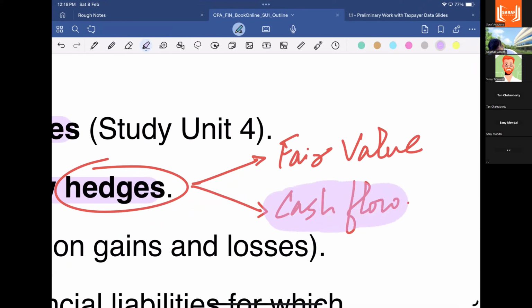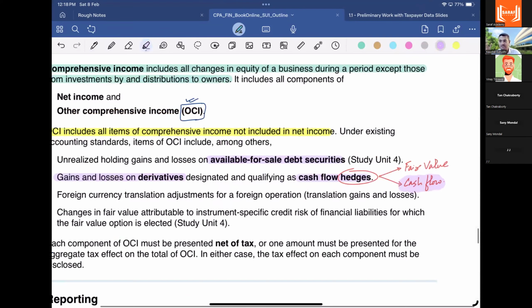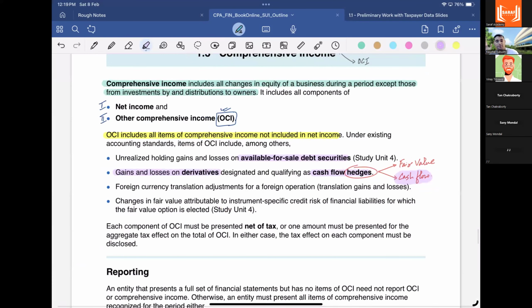So this is exactly what we do, right? So just keep this inside this box, so it's going to be easier for you to understand that yes, cash flow hedges के बारे में ही हम यहाँ पे कंसिडर करेंगे. फेयर वैल्यू hedges के कोई भी गेन्स और लॉसेस को हम यहाँ पे नहीं लेंगे.